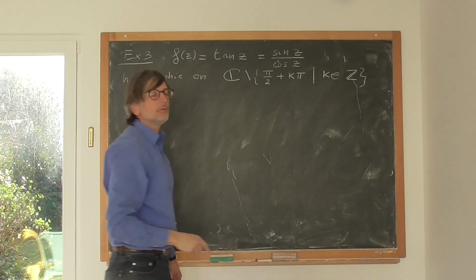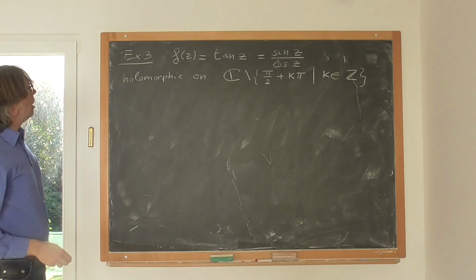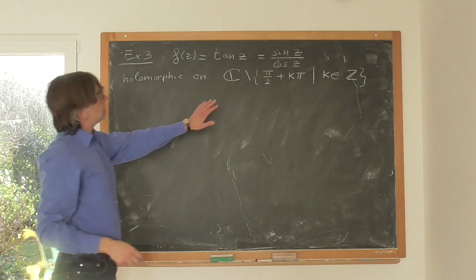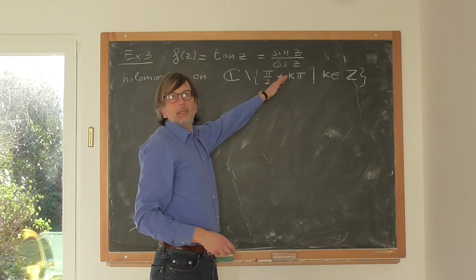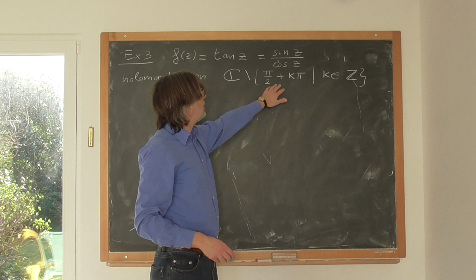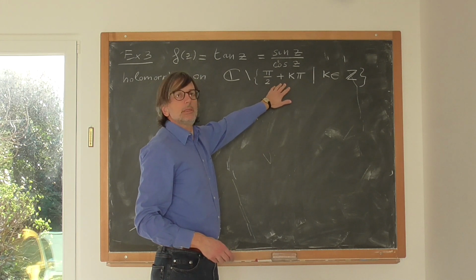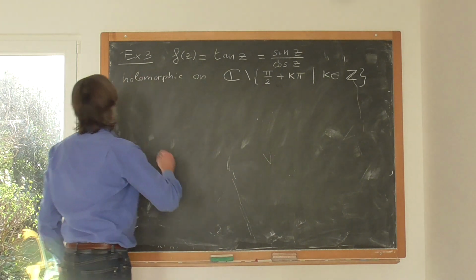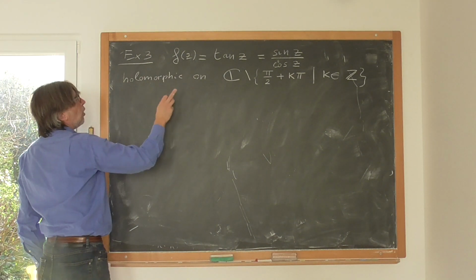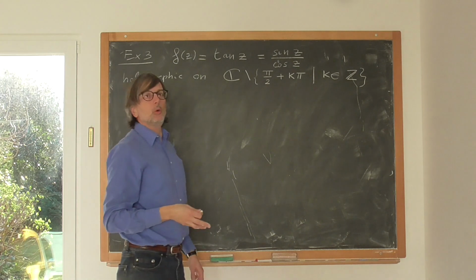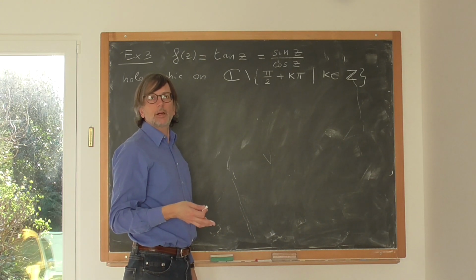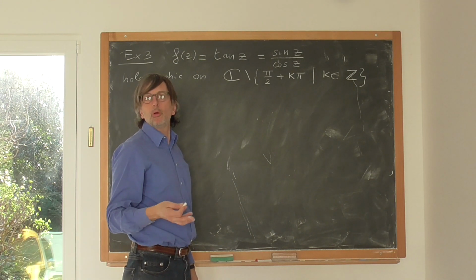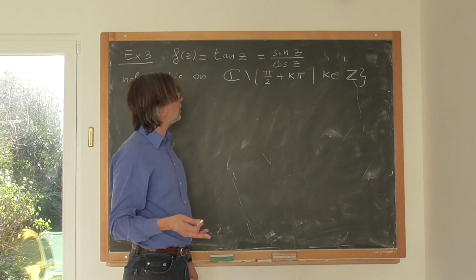What I claim is that all of these complex numbers are isolated singularities, and they are all poles of order 1. One also says they are simple poles. Simple pole means pole of order 1.